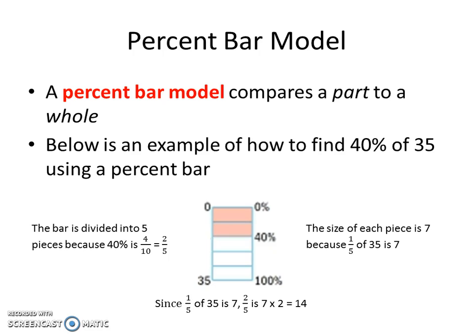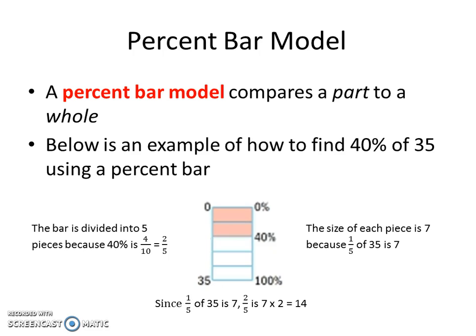If we want to find 40% of 35, we want to think about the size of each piece. The size of each piece is 1/5. So each piece will be 7 because 1/5 of 35 is 7, because 35 divided by 5 is 7.